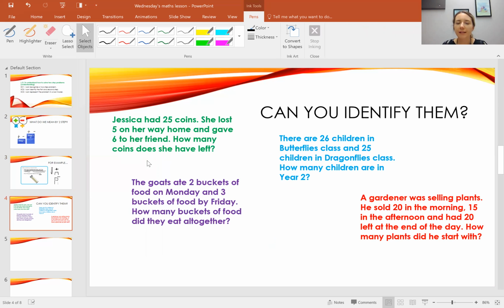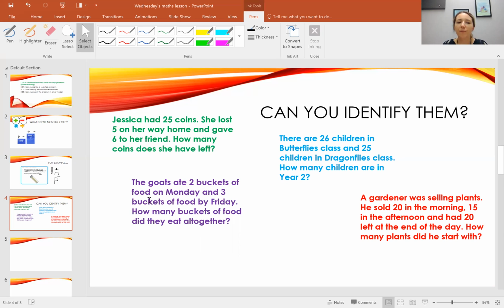Jessica had 25 coins. She lost 5 on her way home and gave 6 to her friend. How many coins does she have left? So think about whether that's one step or two step and write it down now. Have you done that? Well done.